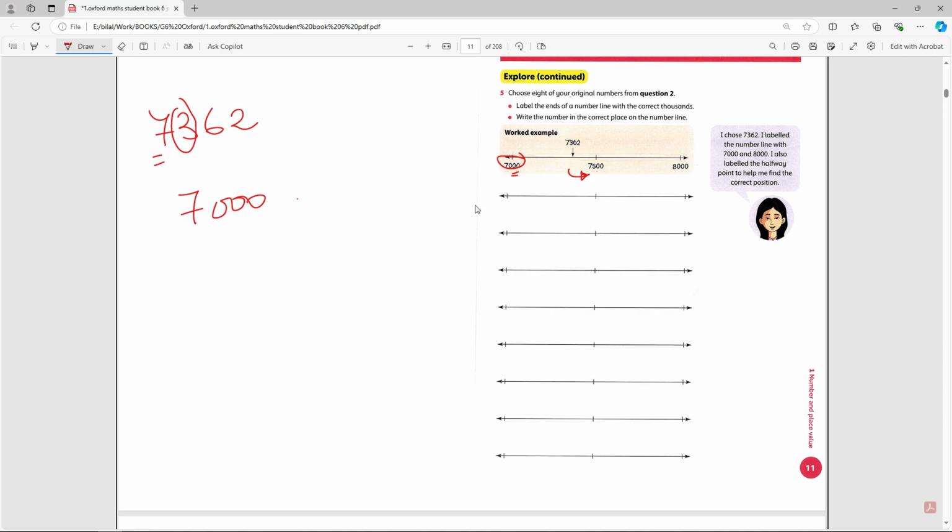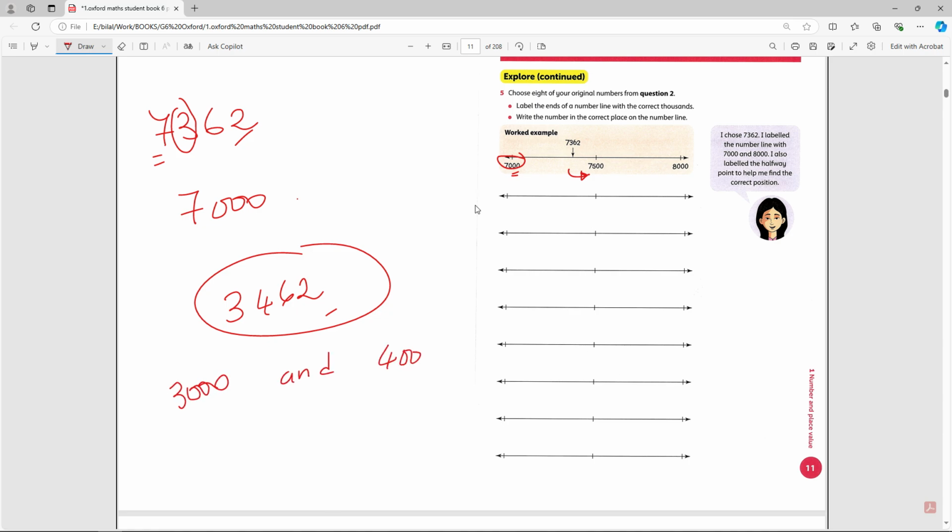Let's take another number, for example, 3,462. It's just an example. So this number, as you see, is located between 3,000 and 4,000, which is the next value. Small, big. Let's write here 3,000 and here 4,000.